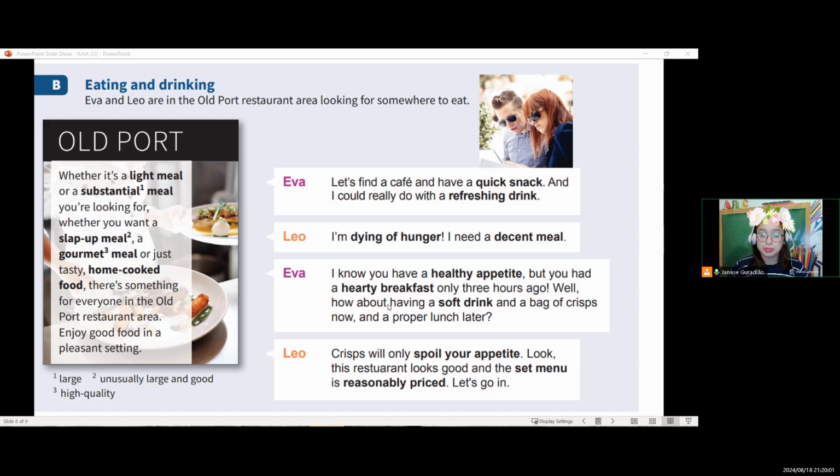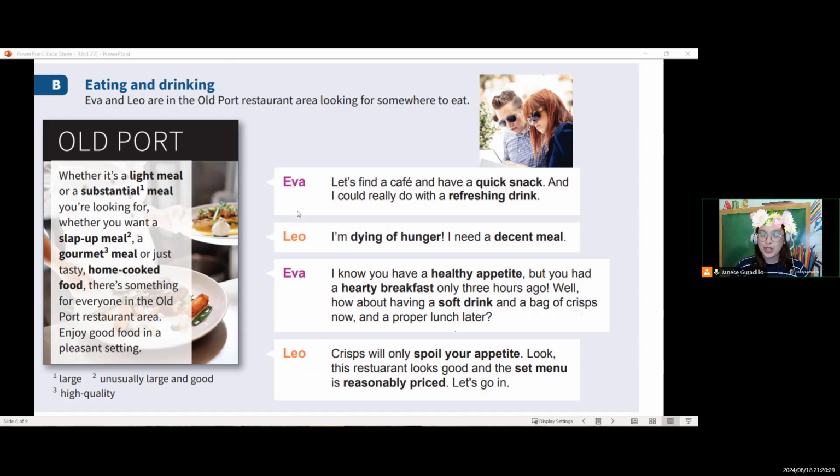Well, how about having a soft drink and a bag of crisps now and a proper lunch later? Leo, crisps will only spoil your appetite. Look, this restaurant looks good and the set menu is reasonable price. Let's go in.